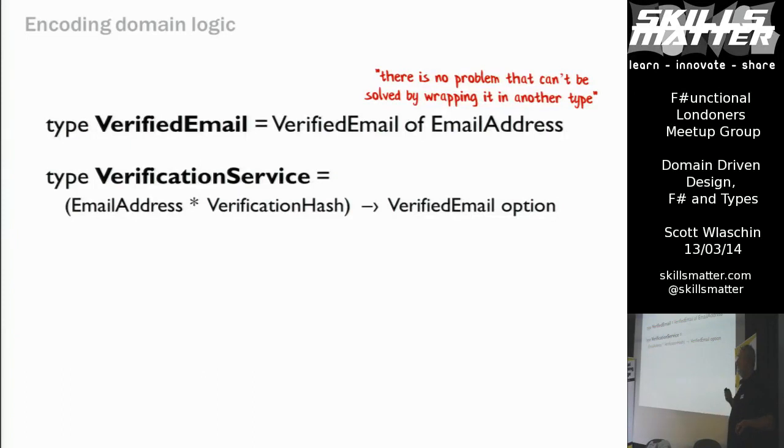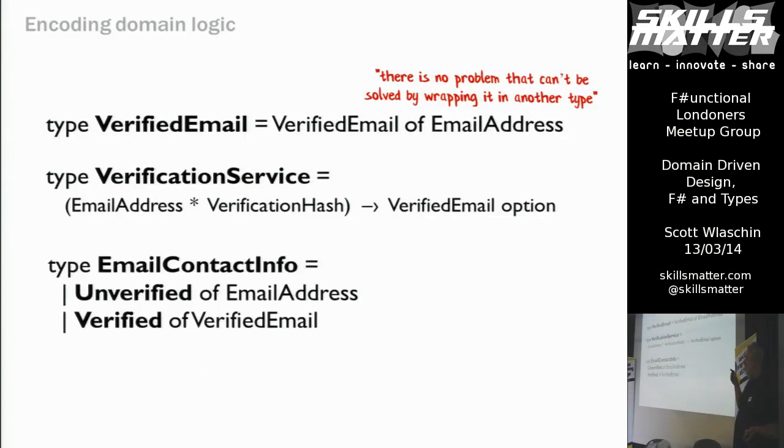Okay. So what we do then is we rewrite our email contact information as two choices. The Boolean flag is now gone. The first choice is an unverified email address, and the second choice is a verified email address. But the verified email address is this wrapped type that I can't create. So if I want to set an email address, I can set it to be an unverified email address.